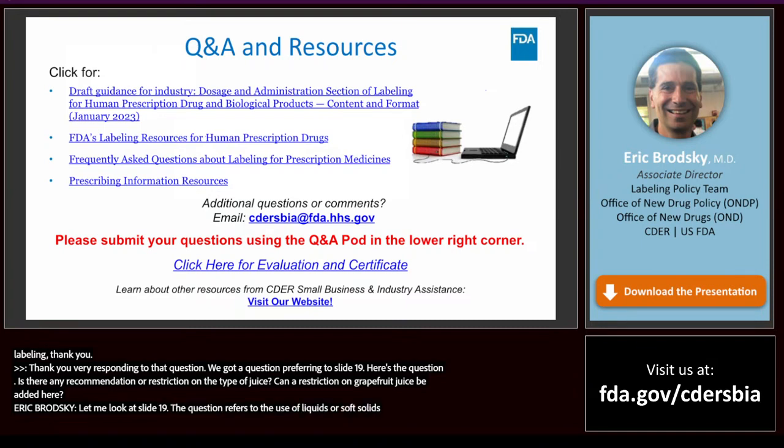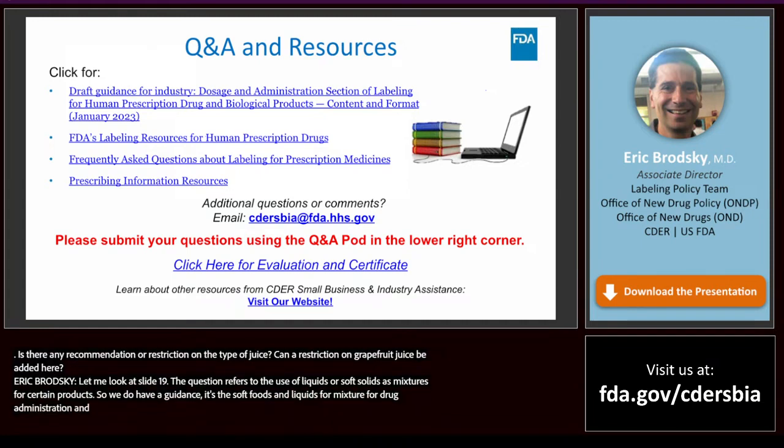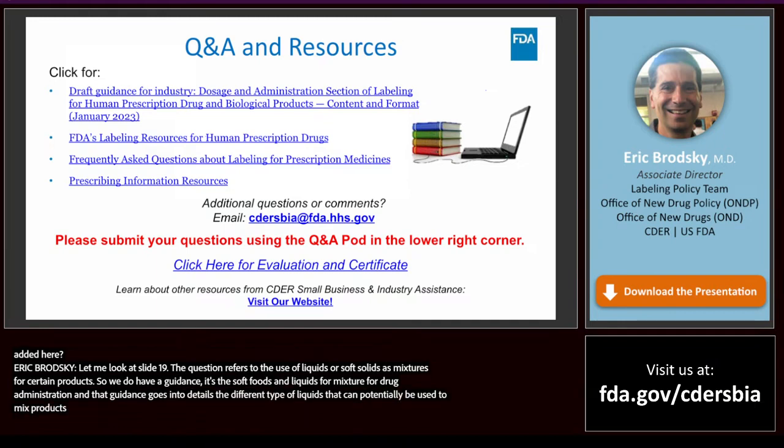So we do have a guidance. It's the soft foods and liquids for mixture for drug administration, and that guidance goes into details the different types of liquids that potentially can be used to mix products for situations when you have patients, a certain subgroup that cannot swallow the oral dosage.